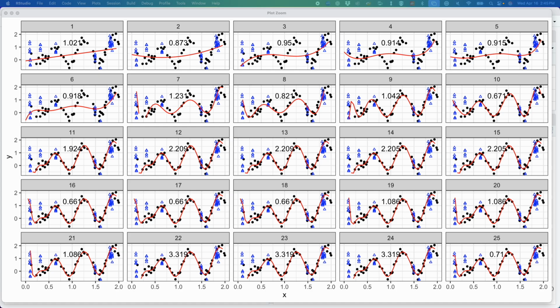So what do you guys think? If I were to do the mean squared error of number two compared to number one, would number two have a lower or higher mean squared error? Lower, right?